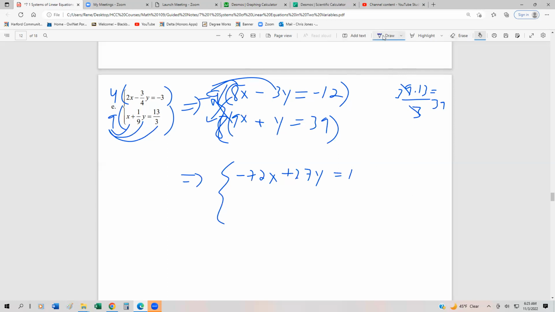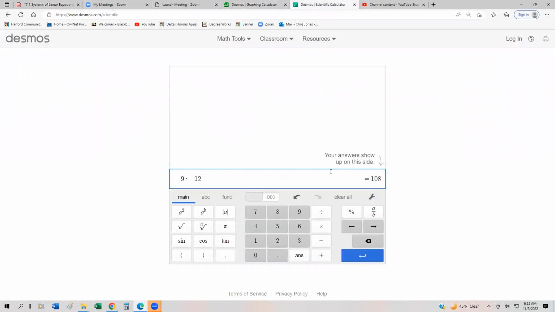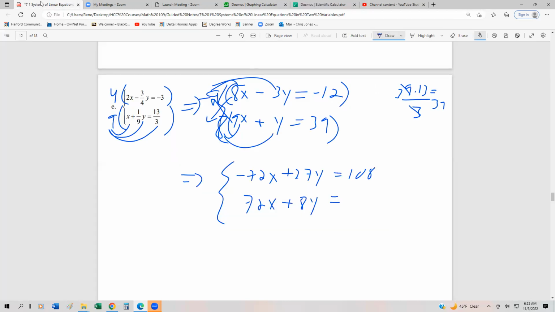So 108. And then 8 times 9, 72x, that's good. 8 times y, 8y. And then finally, 8 times 39, that's going to be the ugly one, but no big deal. We have a calculator that can help us out. So 8 times 39 is going to give us 312.